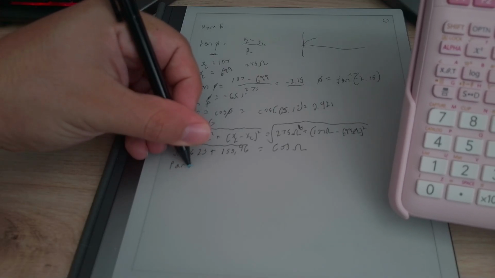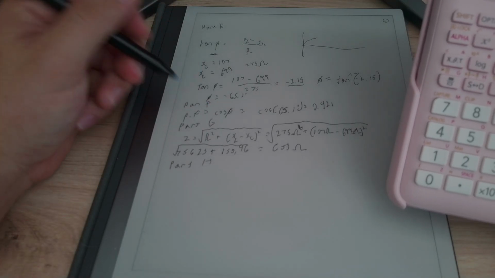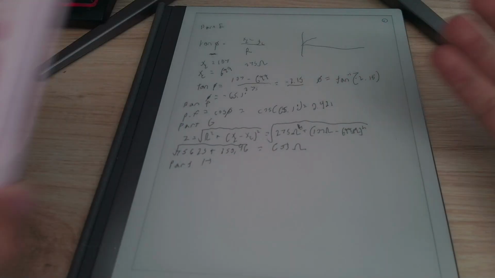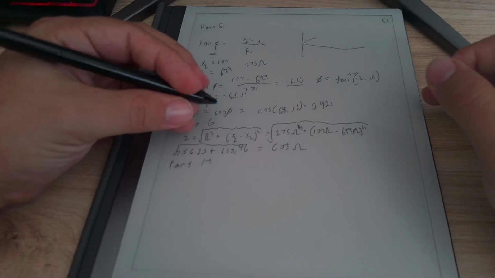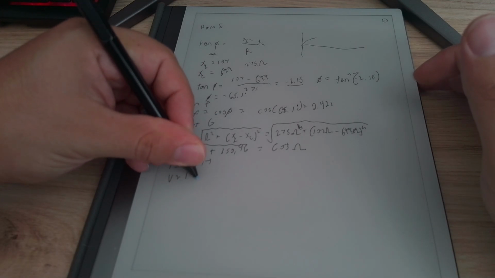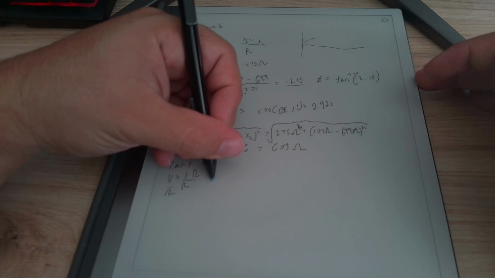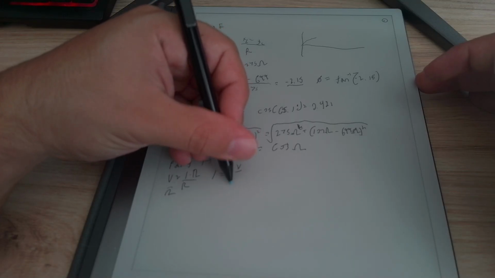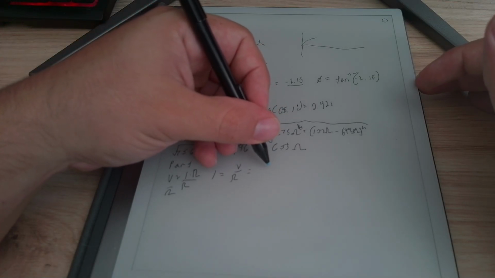And then for part H, it's going to ask us for the current amplitude for the preceding problem. We know that V is equal to I times R, so for finding current, just divide by R. So our current is equal to V divided by R, and we already know our amplitude for voltage.